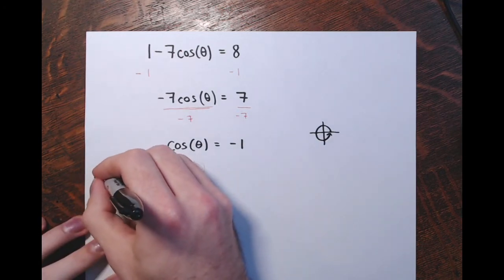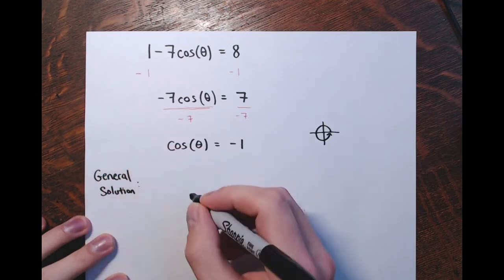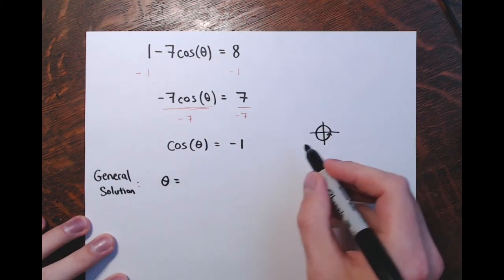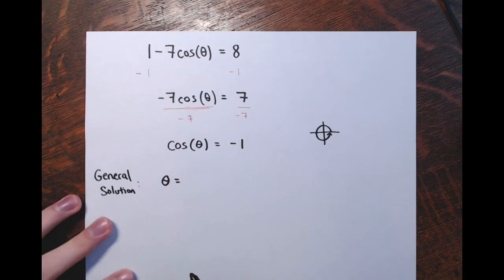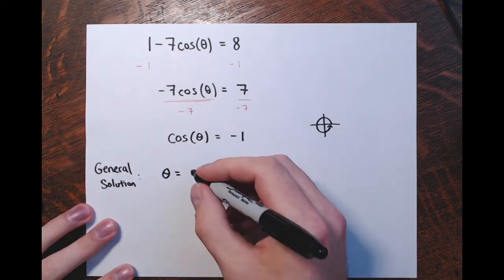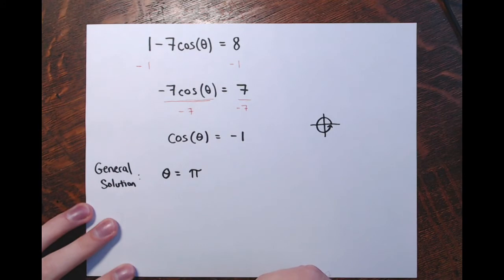Right, so what I'm going to do next is state the general solution to this equation. Thinking of going around the unit circle one time, there's only one angle I can think of that has a cosine of negative 1, and that's pi. The cosine of pi radians, or 180 degrees, was negative 1.